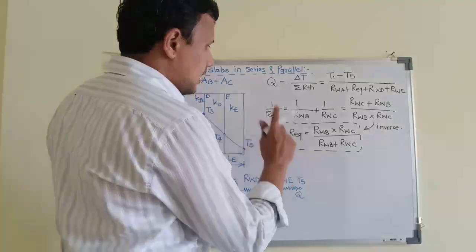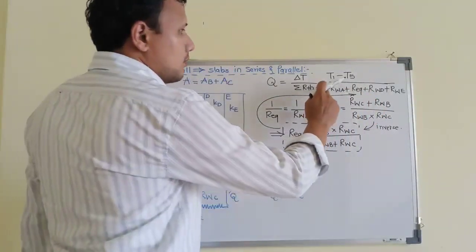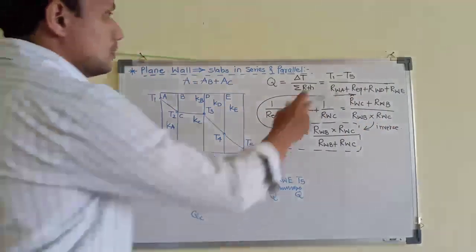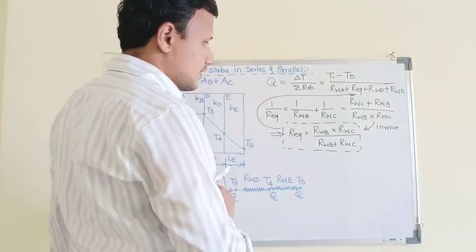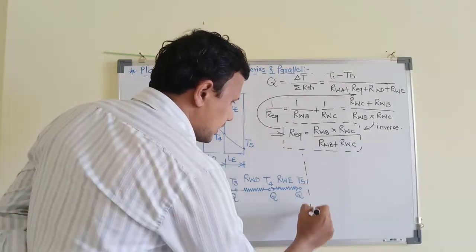So now we have this R equivalent. Afterwards we can substitute it over here, and if all the other resistances are available with us, we can simply put them in the equation and obtain the heat transfer rate. All these are conduction in nature. So what can we write for them?